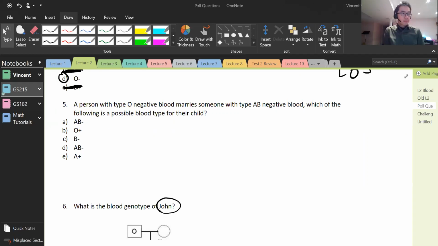You should not be doing a Punnett square. That's not how you do these type of questions.